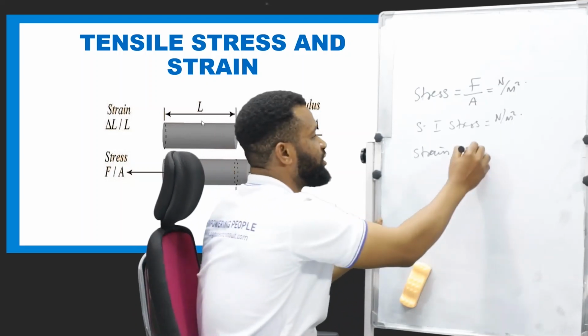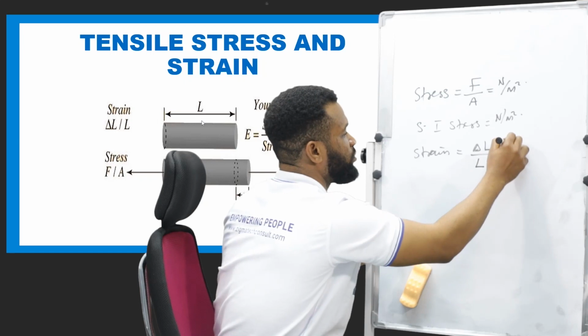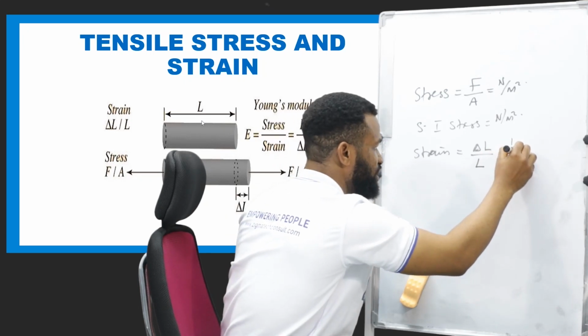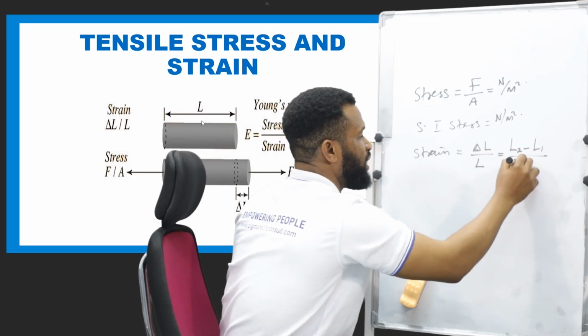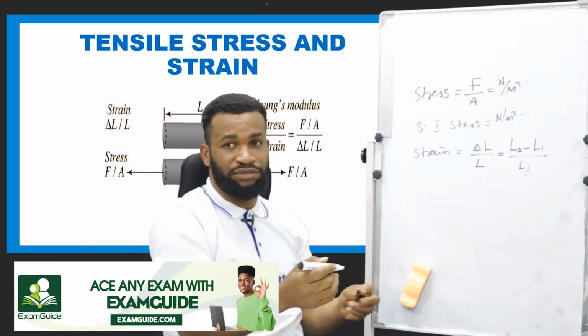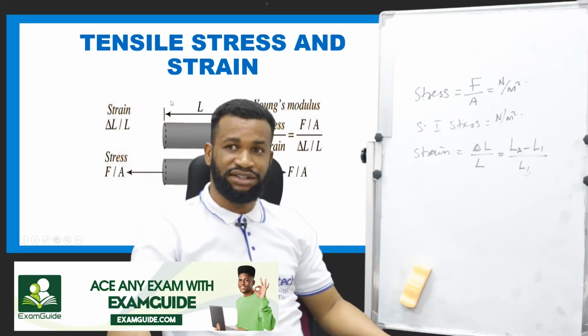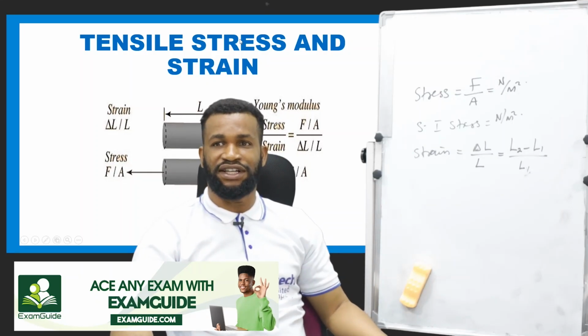So we are talking about the change in length all over the original length, or somebody will say the extension, L2 minus L1 all over the original length, which is L1, or maybe L sub naught. So that is mathematically what we look at when we are talking about tensile strain.